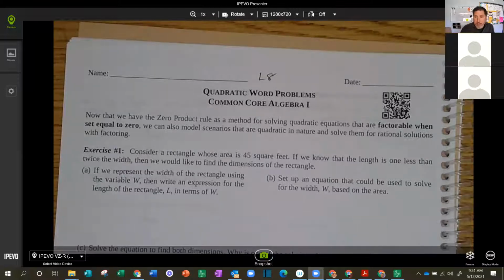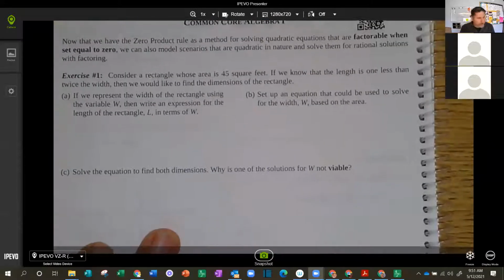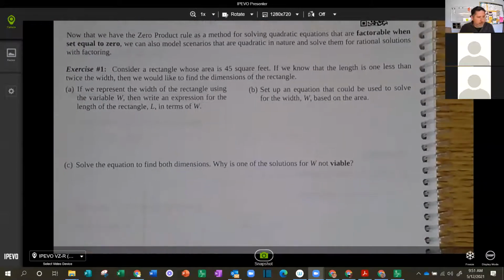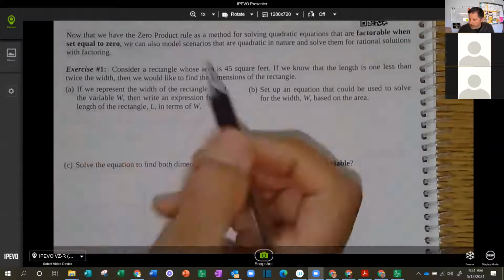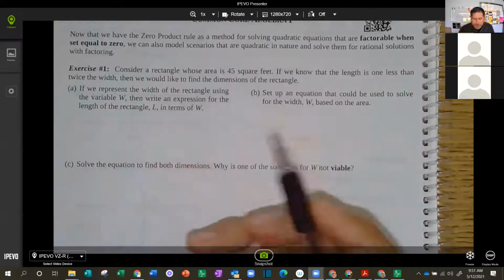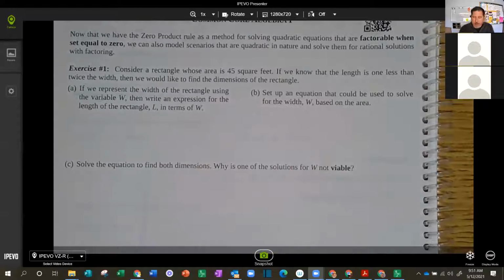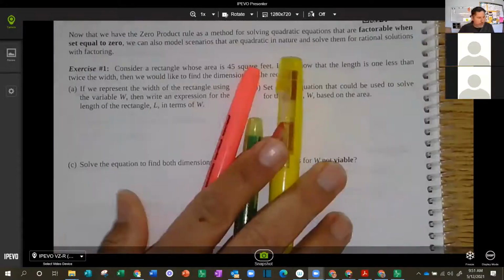This is our last day of notes in unit 8. So I think we should begin. If you're all there in lesson 8, if you can't find it, let me know. All right. We're going to consider a rectangle whose area is 45 square feet. Because these are word problems, I'm going to have my tools ready.